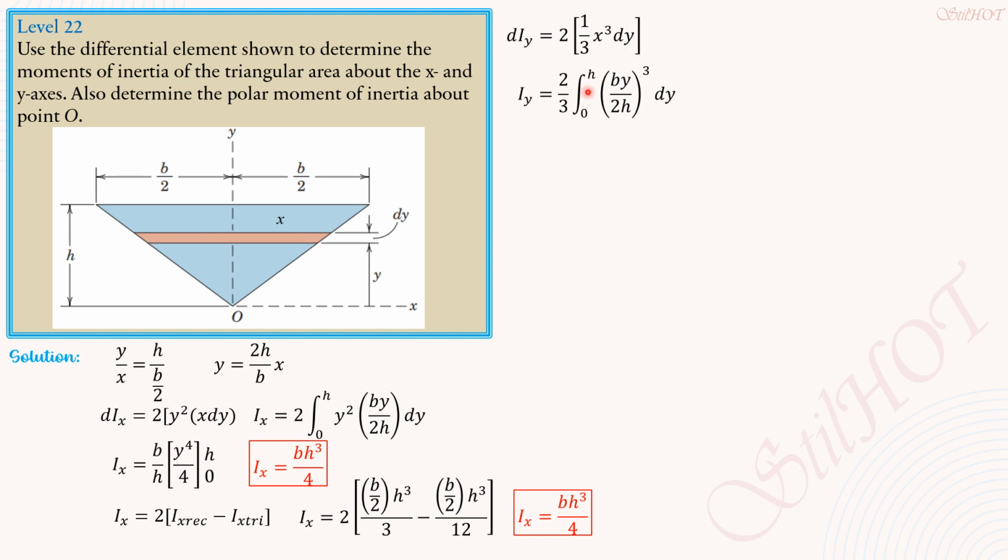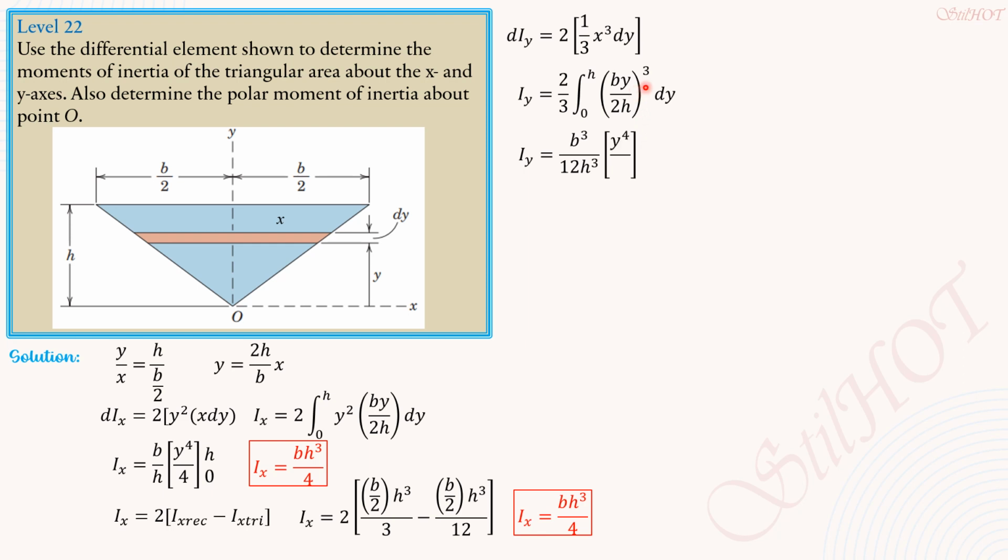Simplifying this is 2b cubed over 8. So 2 over 8 is 1/4. 1/4 times 1/3 is 1/12. So Iy is 1/12 b cubed over h cubed, or b cubed over 12 h cubed.